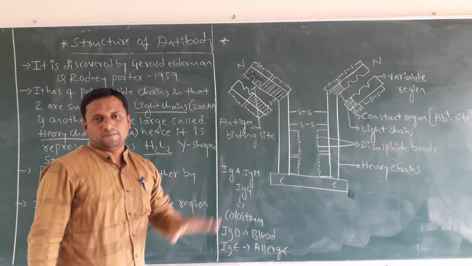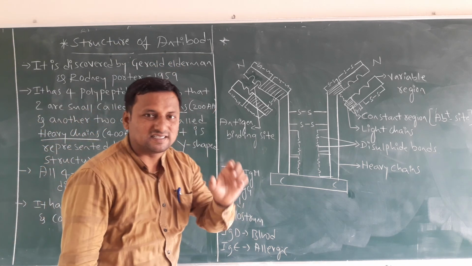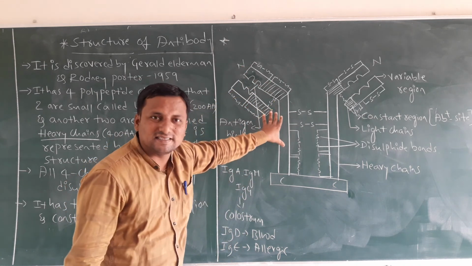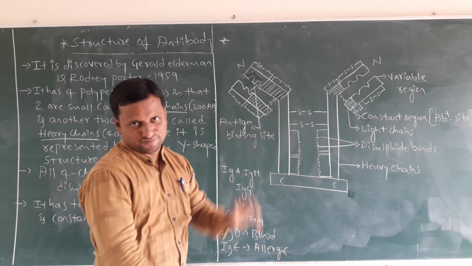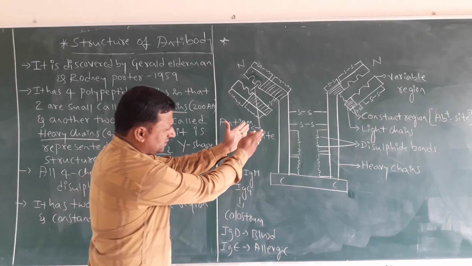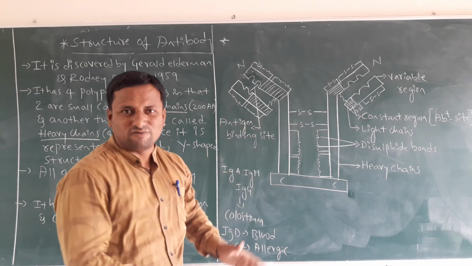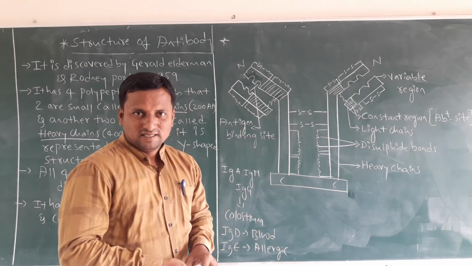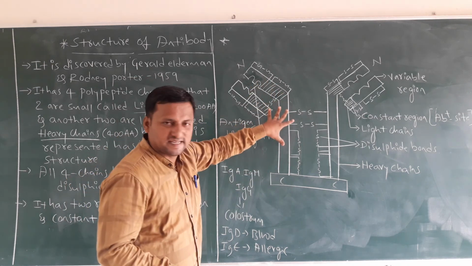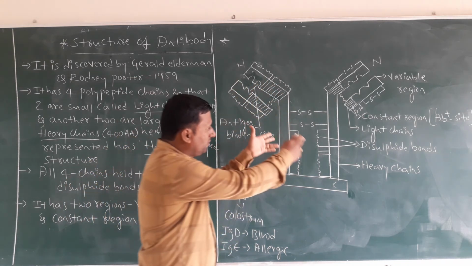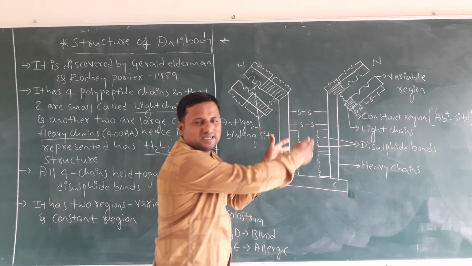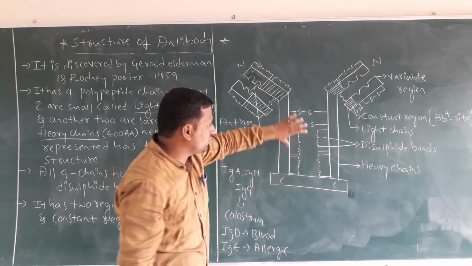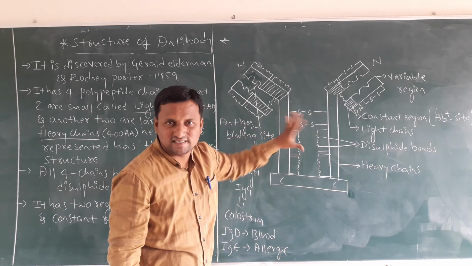About these antibody molecules, we will discuss a detailed analysis based on the structural view. First, you must know how this structure appears. This structure has strands, and those strands we call chains.